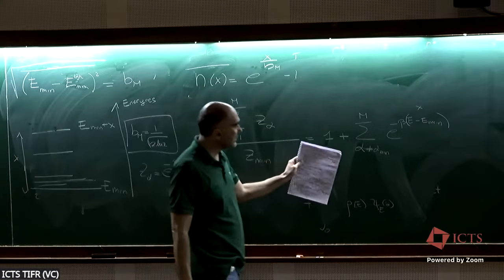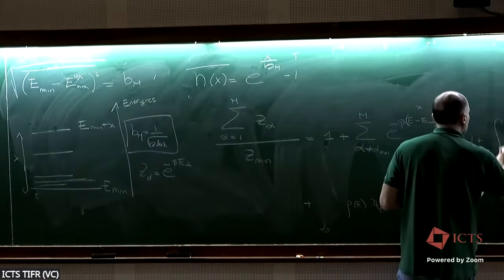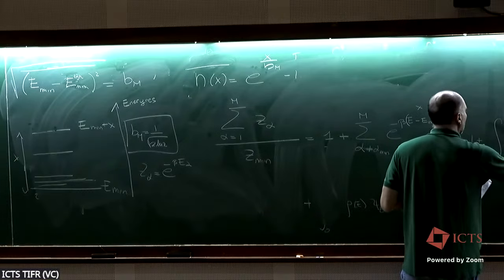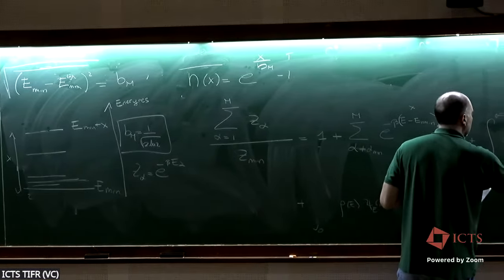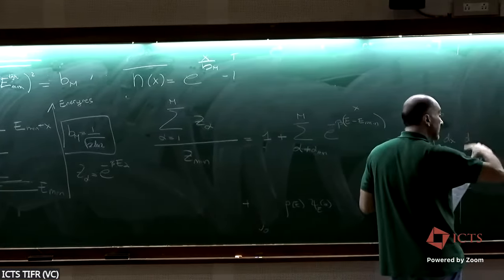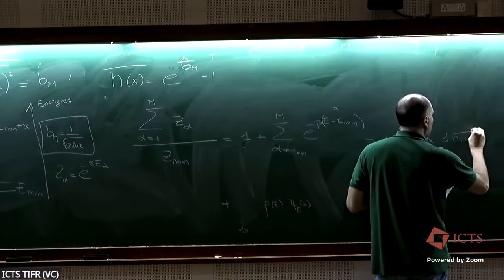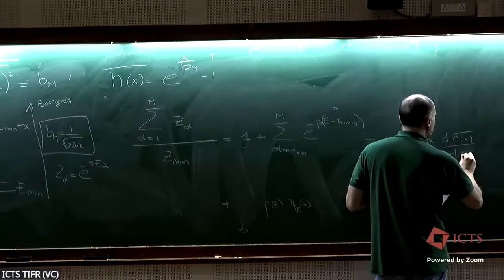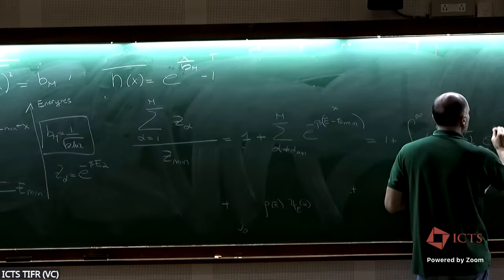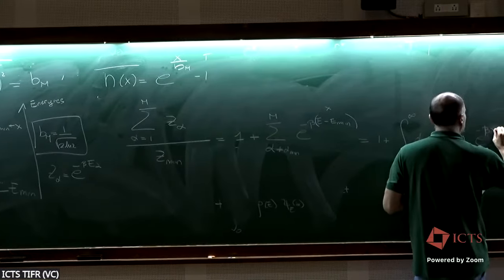And so we can transform this sum into an integral from 0 to infinity in dx. And here, n is the total number up to x. So if I want the number I have at x, I have to take the derivative. And then I have exponential minus beta x.